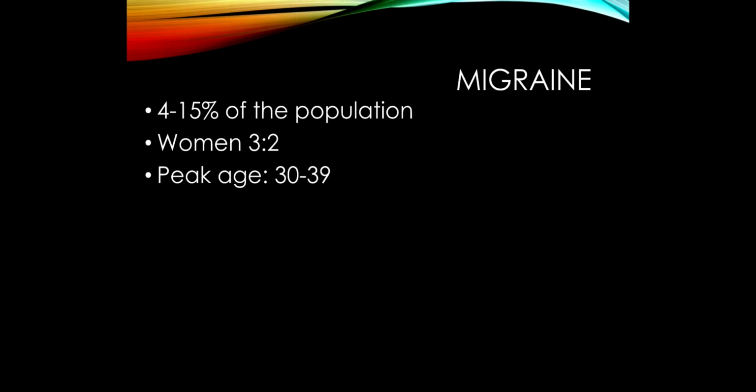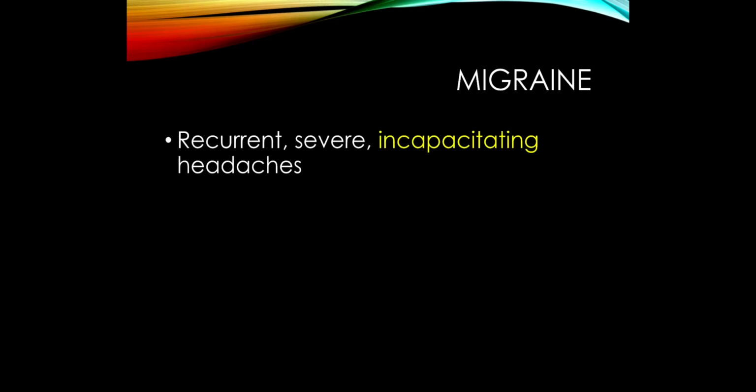A lot of people never see a doctor with migraines, but somewhere between 4 to 15% of the population have had at least one migraine. A little more common in women, and the peak age is between 30 and 39, but you'll see a lot of children that have migraine headaches, and I see some elderly individuals that have migraine headaches as well.